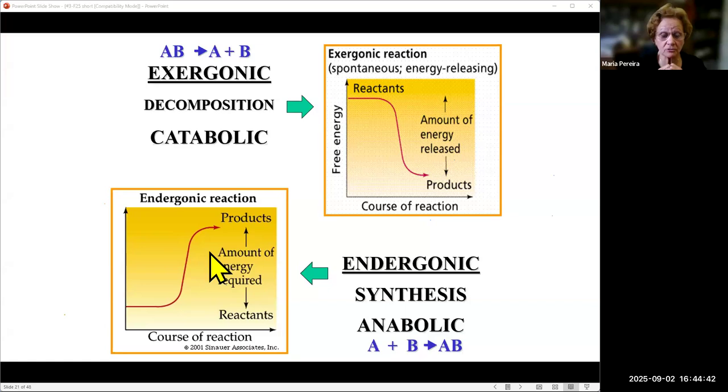So in exergonic reactions, covalent bonds are broken up and the energy is released. In endergonic reactions, to form, for example, covalent bonds, you need energy. Sometimes exergonic reactions are coupled to endergonic reactions because you have the release of energy that is needed to form endergonic reactions.